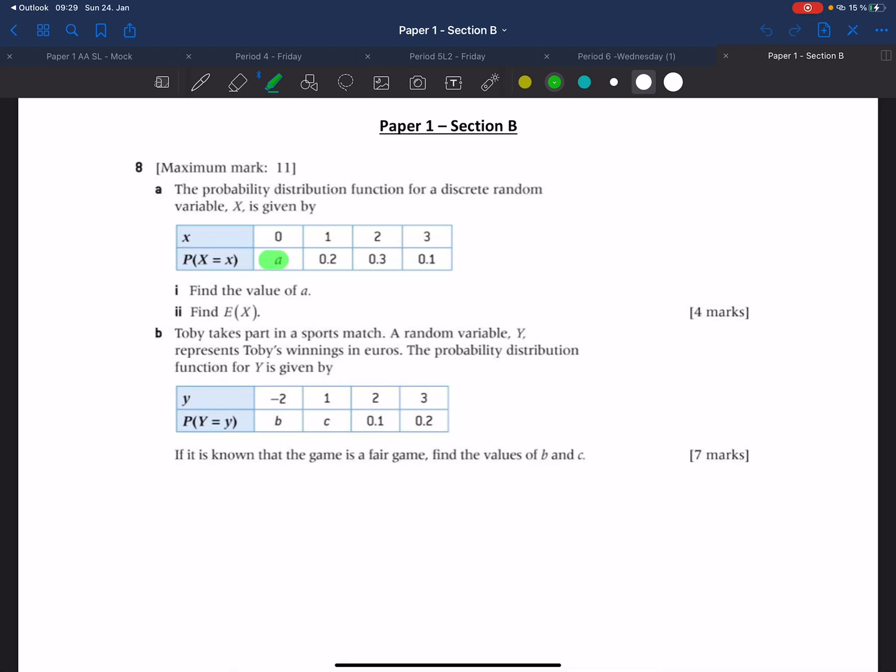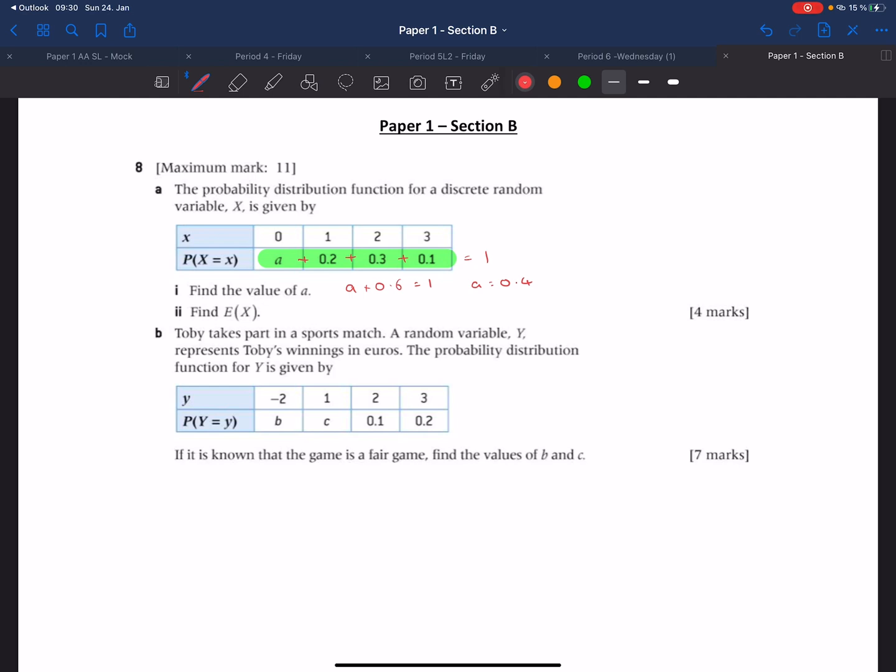What that means is these 4 probabilities must add up to equal 1, because it's certain that one of them happens. So we can use that to find A, because the other 3 sum to make 0.6. So you have A plus 0.6 equals 1, so A is equal to 0.4.